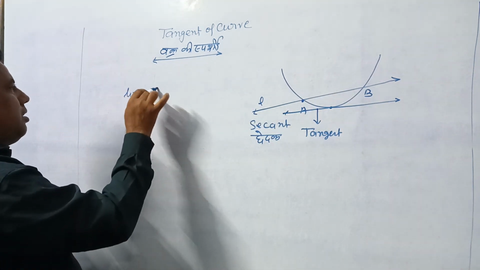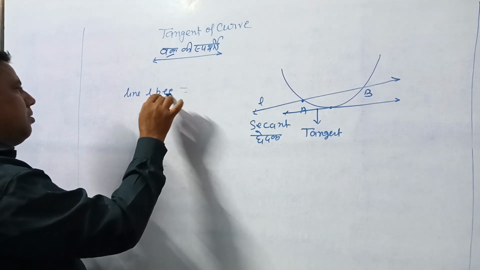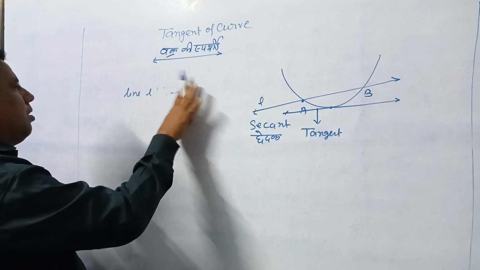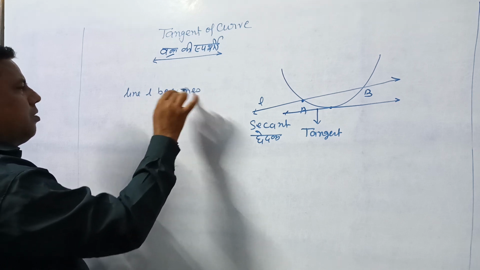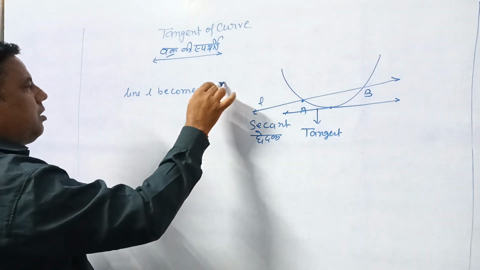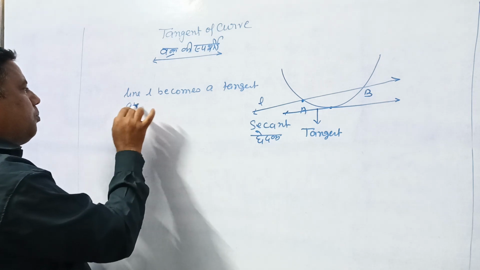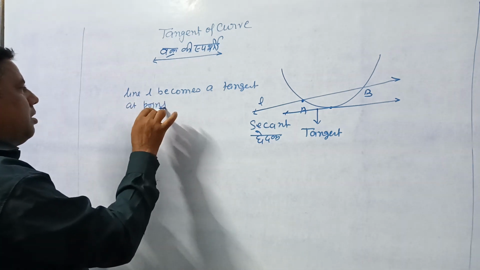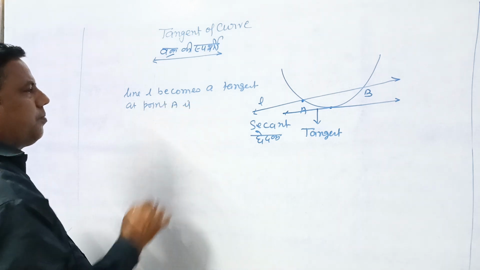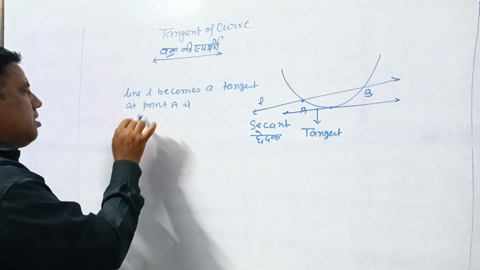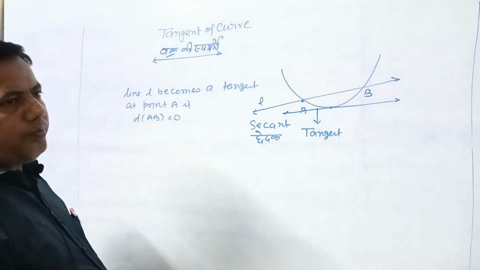Line L becomes a tangent at a point A if the distance of AB equals 0.